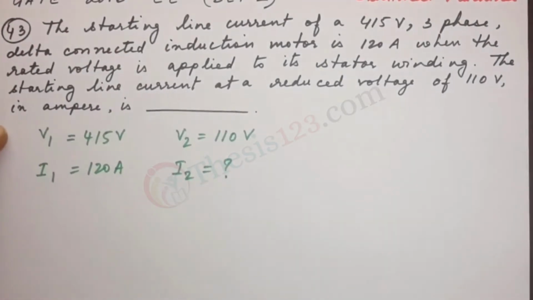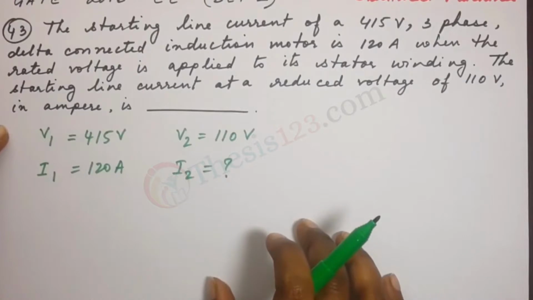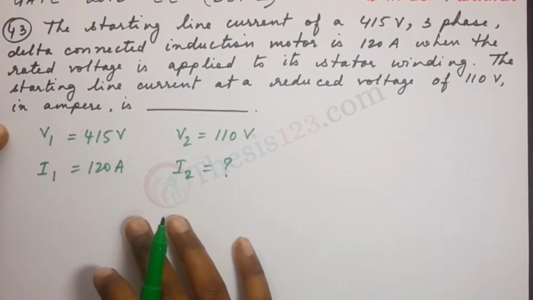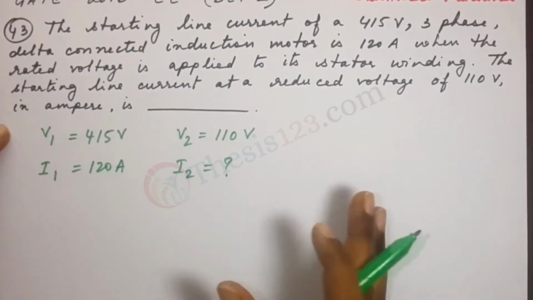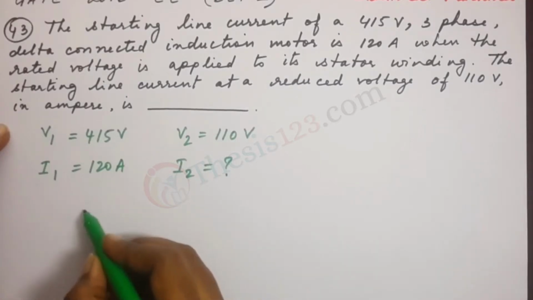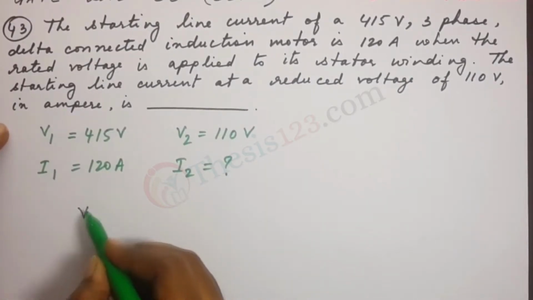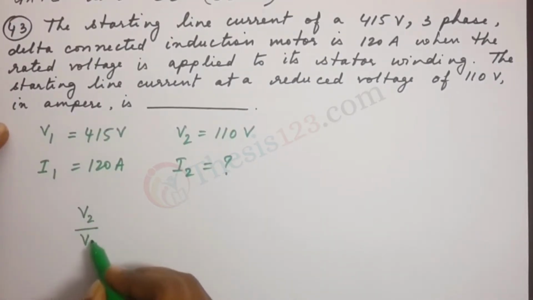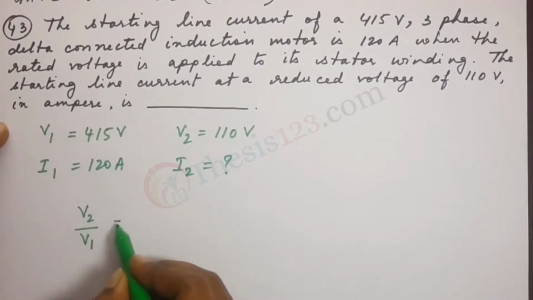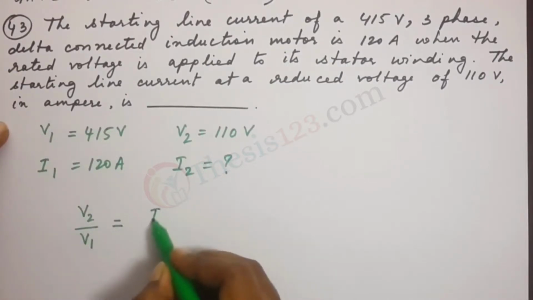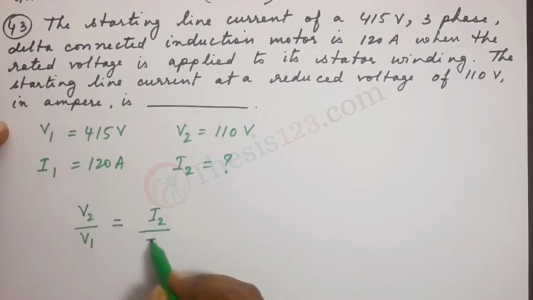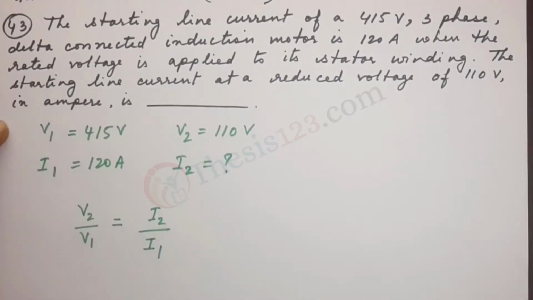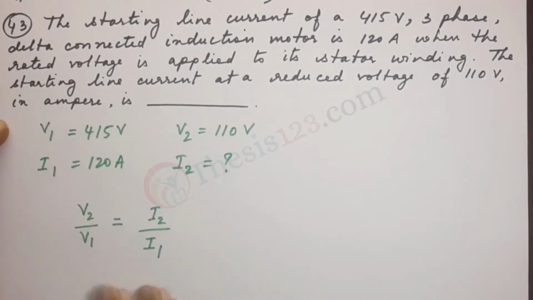Okay. Now the ratio is important over here. The ratio of voltages to currents when we are talking about induction motor. So we have V2 by V1 is equal to I2 by I1. This is our relation.